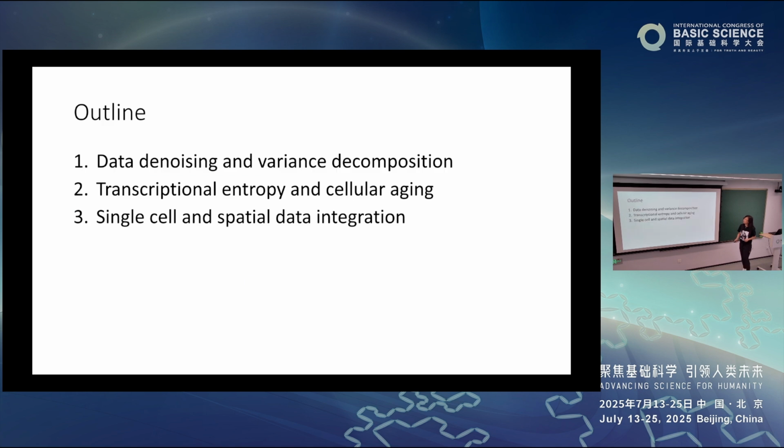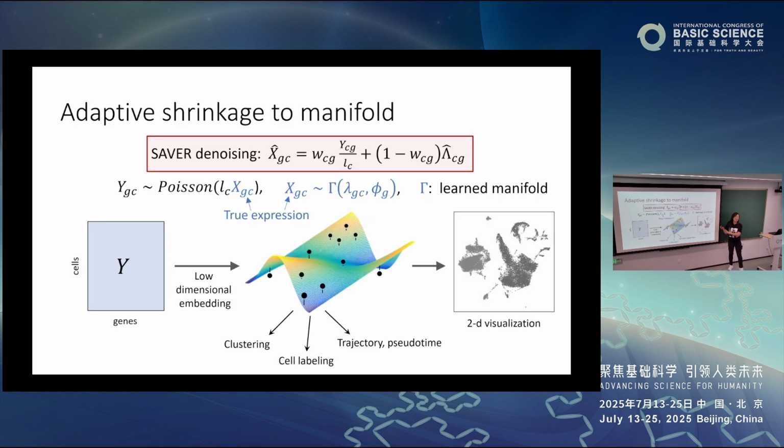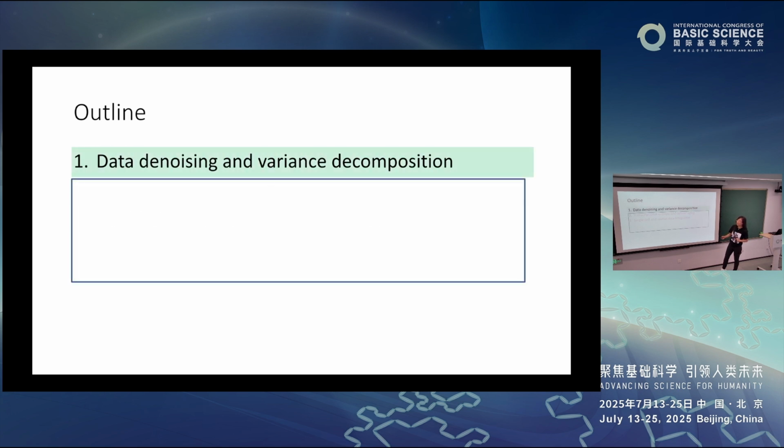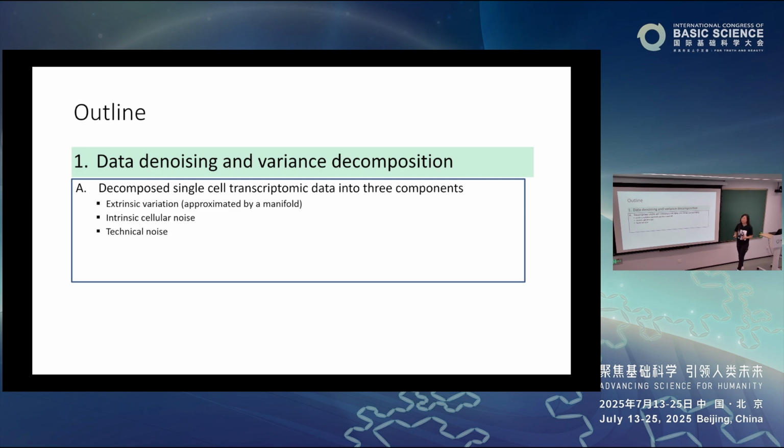That's all I'm going to show you about SAVOR, because I should tell you a little bit about this work I'm going on to later, which is unpublished work on transcriptional entropy. What I want you to take away from the SAVOR work is that we can decompose the data into three components: extrinsic variation, which is that manifold, plus intrinsic cellular noise, as modeled by that phi G term, plus technical noise.